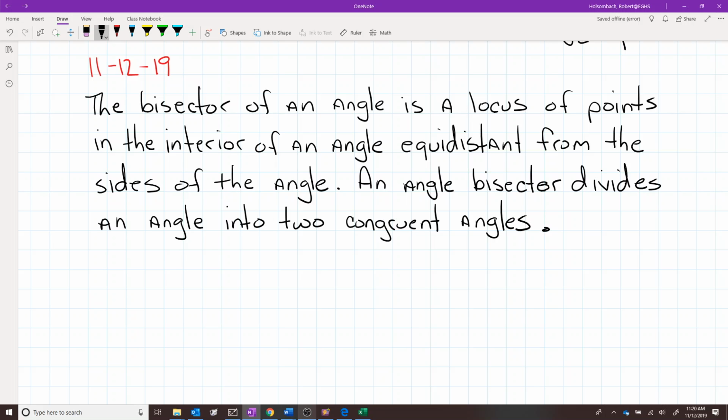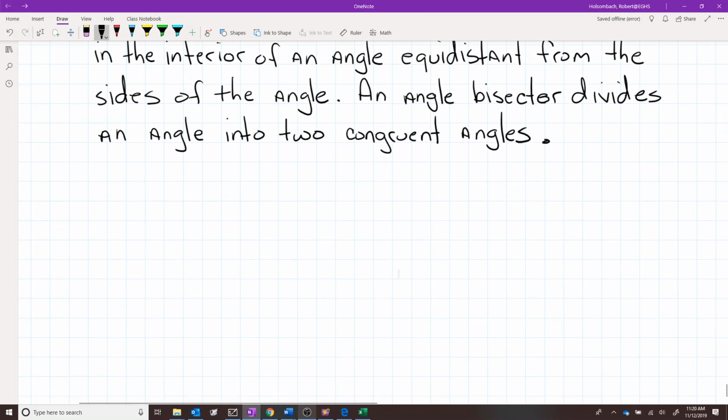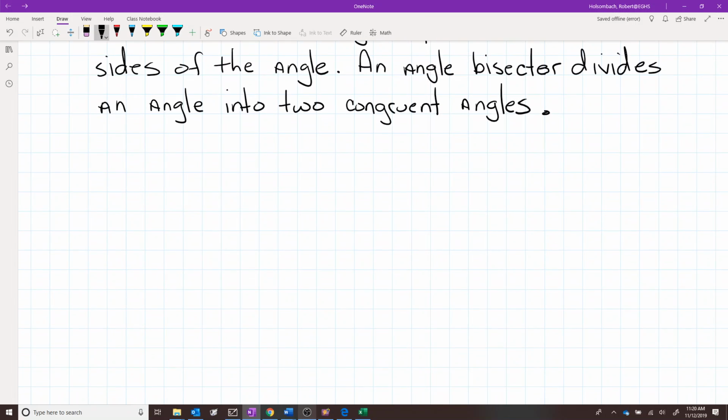The bisector of an angle is a locus of points in the interior of an angle equidistant from the sides of the angle. An angle bisector divides an angle into two congruent angles. So a diagram of that would look like, let's say you got angle ABC, and you run a ray that starts at B and it goes into the interior of this angle.